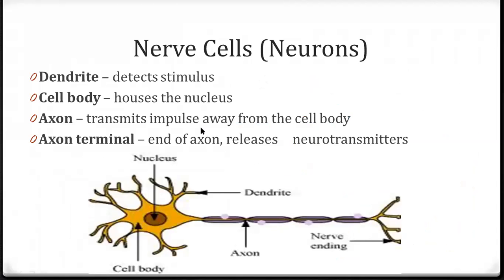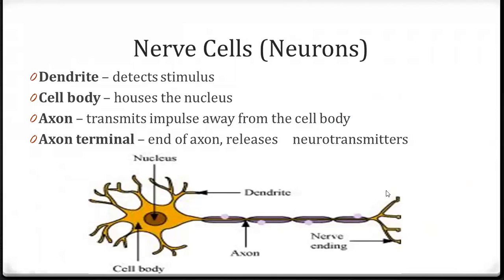Okay, nerve cells are neurons. The dendrite is what detects the stimulus. These little portions right here, if you guys can label that also. The cell body houses the nucleus, right here. There's the nucleus. The axon transmits impulses away from the cell body.